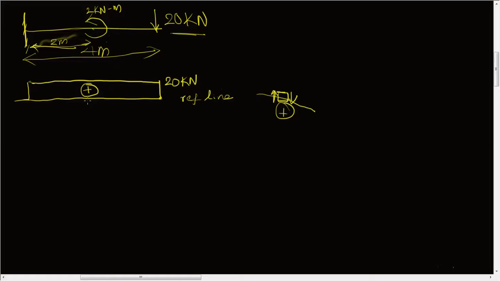Okay, now let us try to draw the bending moment diagram for this. We are drawing one line here.